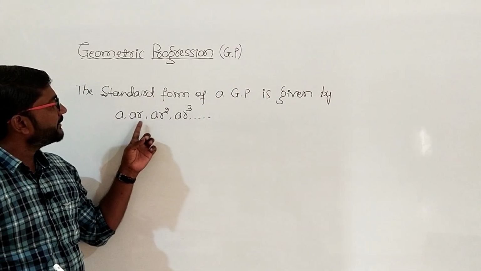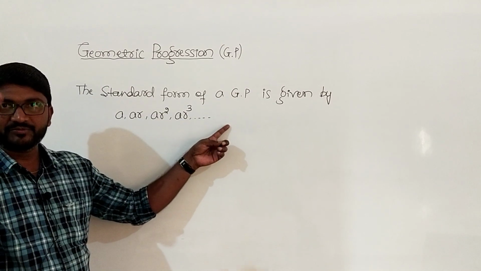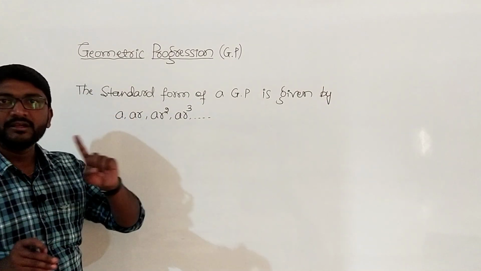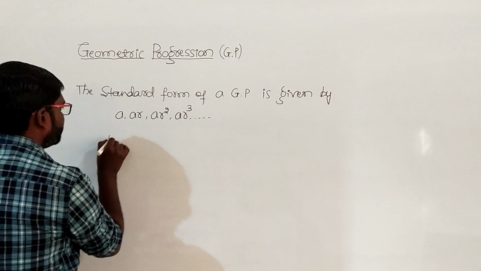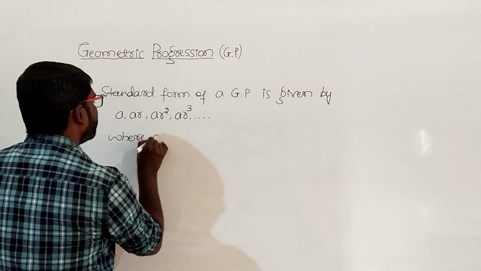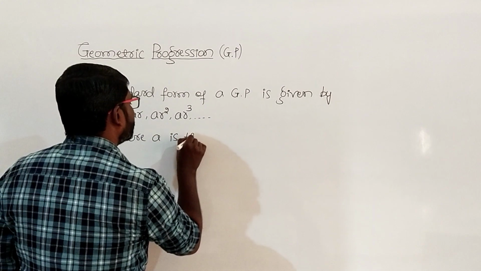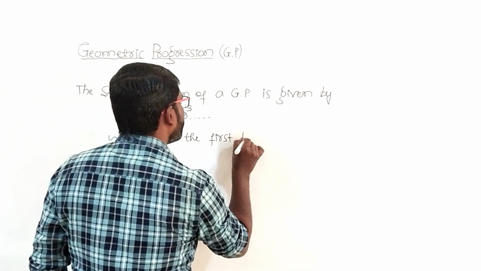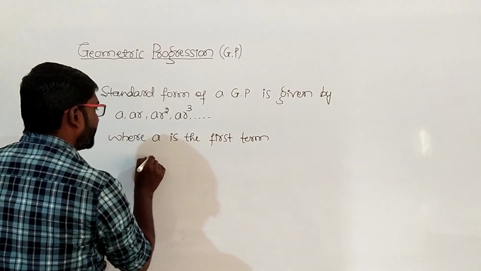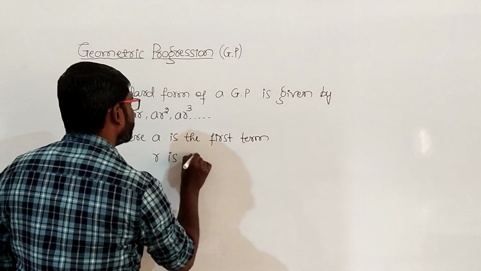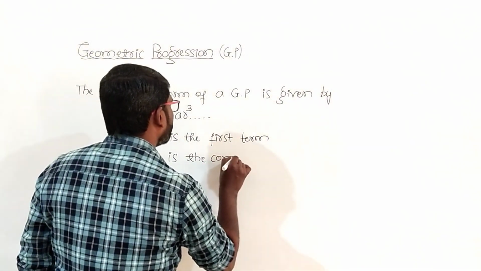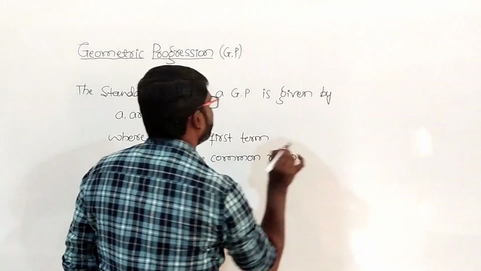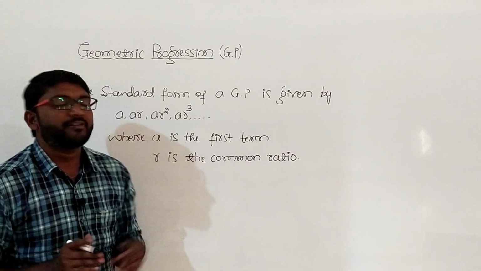So A, AR, AR square, AR cube, A into R raised to 4, A into R raised to 5, and it continues, where A is the first term and R is the common ratio. So this is regarding the standard form of a GP.